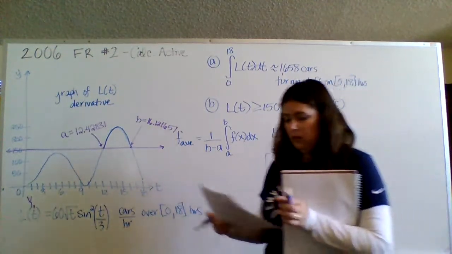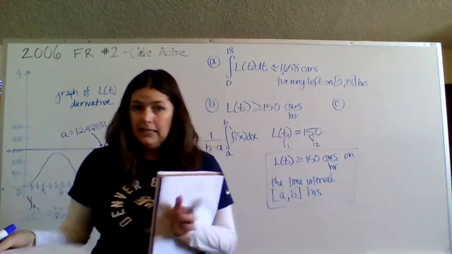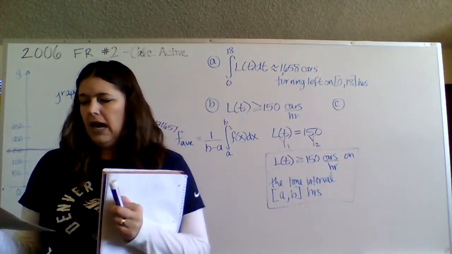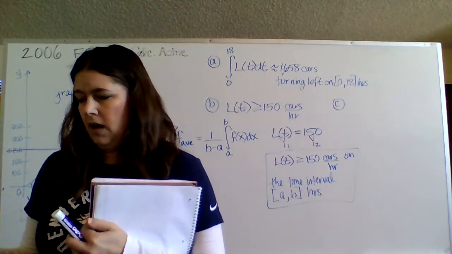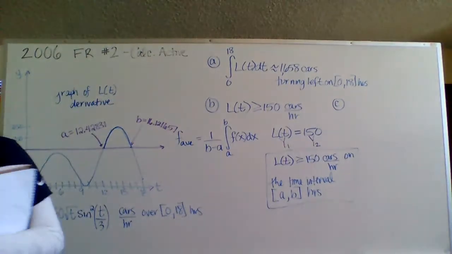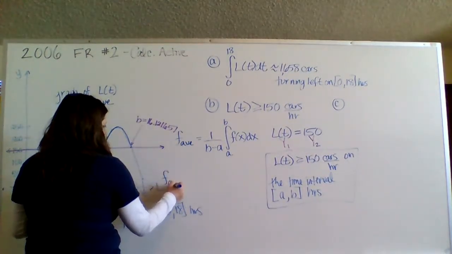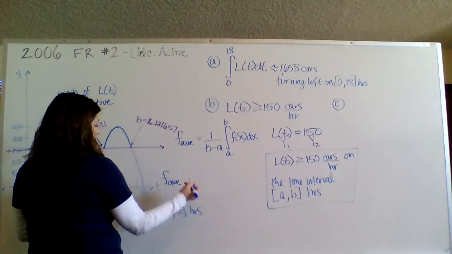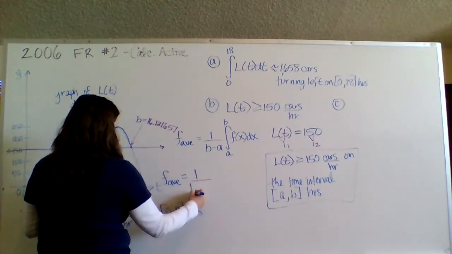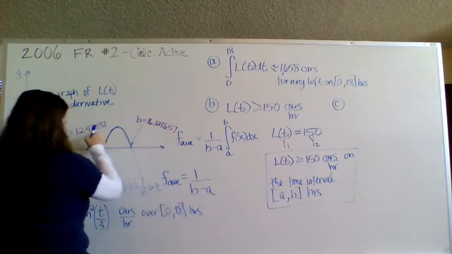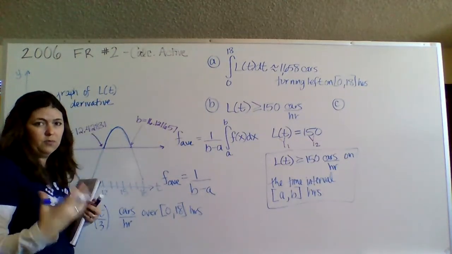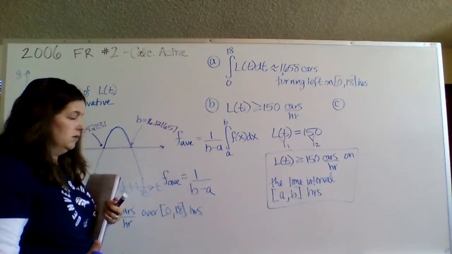The second part was the f avg part: compute the average value of L over this time interval. Since I already have my f avg formula in general, I want to compute the function's average value. I can still use A and B, which is kind of why I picked those letters, because I've defined them up here. As long as you define them for the reader, they will take those variables.